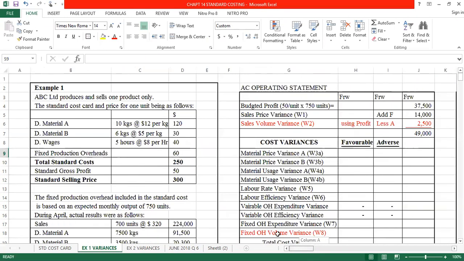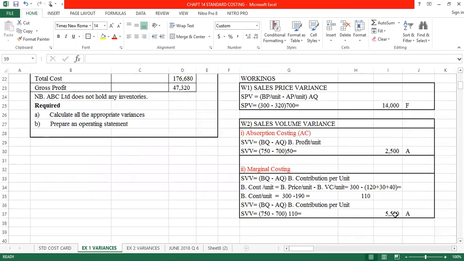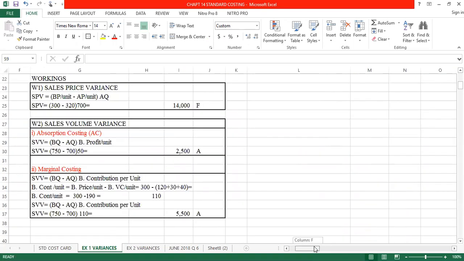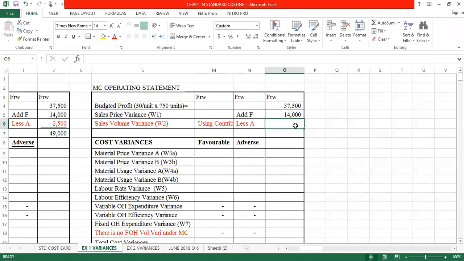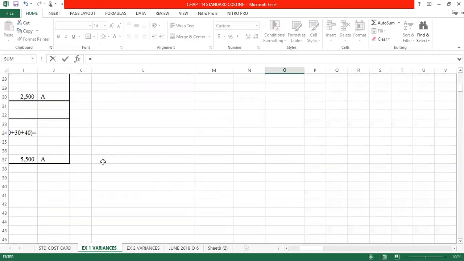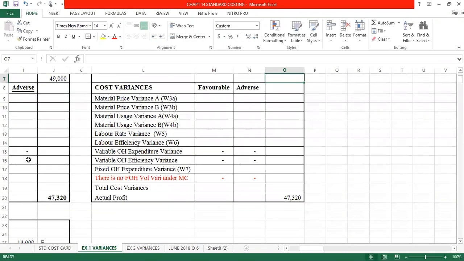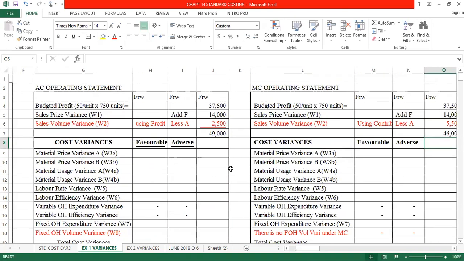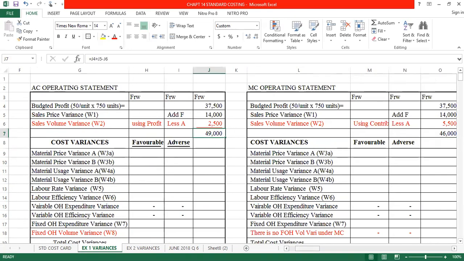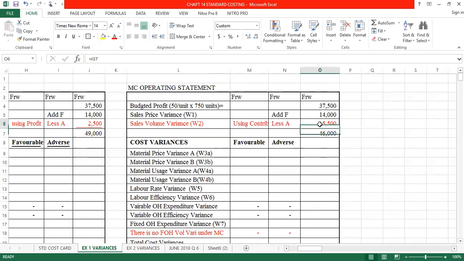So the one using contribution is how much? 5,500, but you less. So it's equals to 37 plus 14 minus 55. So what do you get? 46. So remember under AC, this is 49. Under MC, this is 46. So you see there are different values.